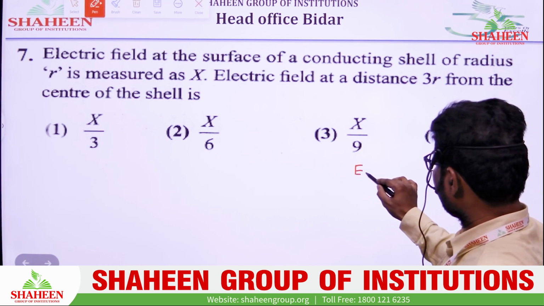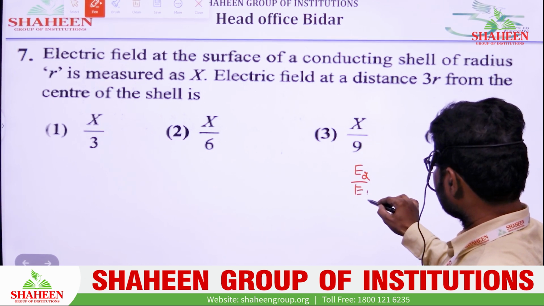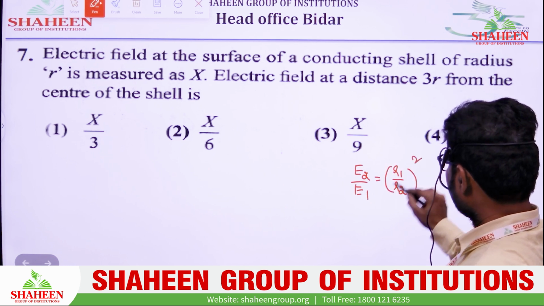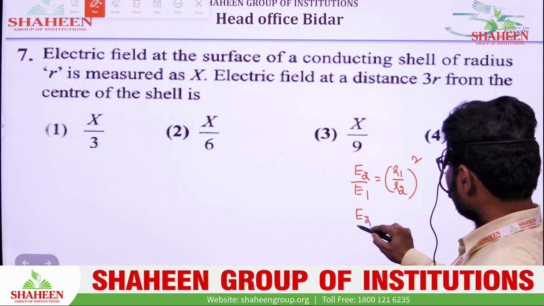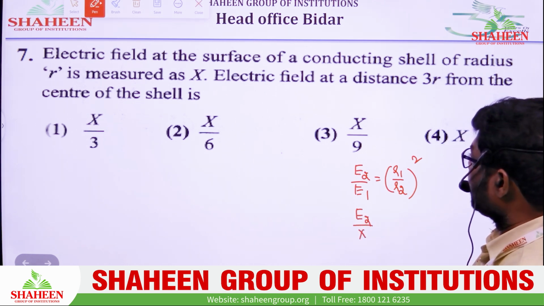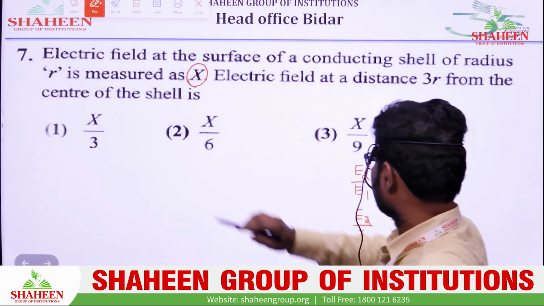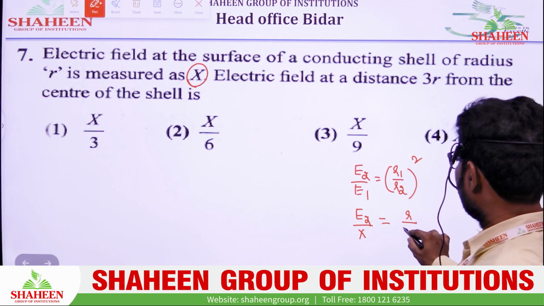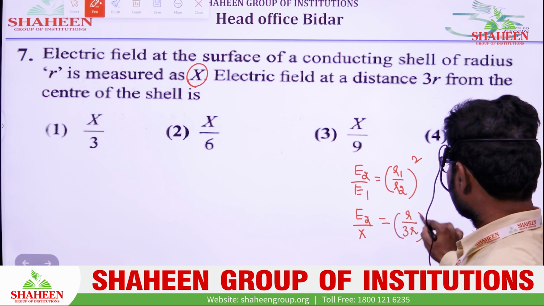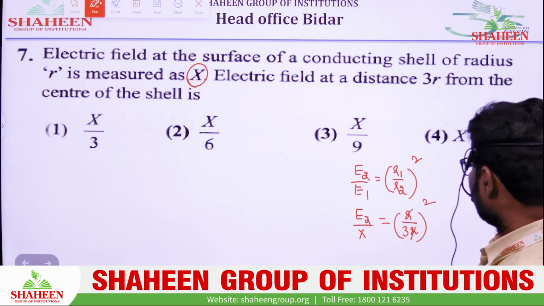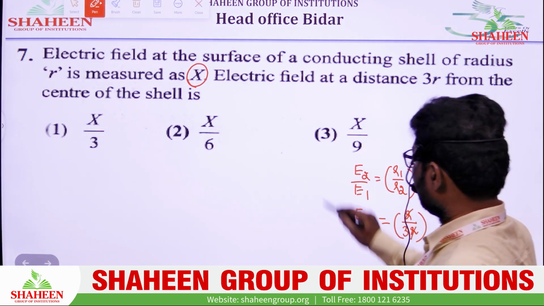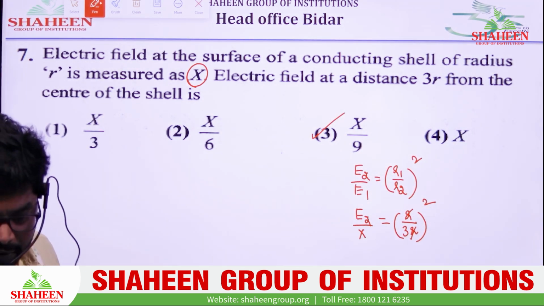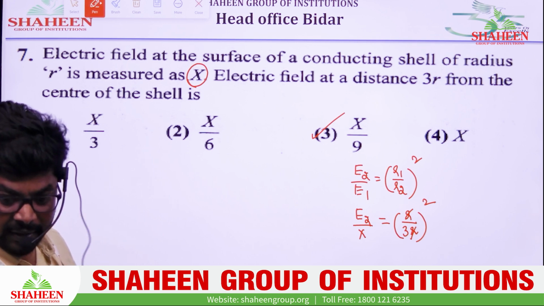E1 by E2 is equal to r2 by r1 whole square. E1 is x at distance r, and r2 is 3r, so r gets cancelled and E2 is equal to x upon 9.